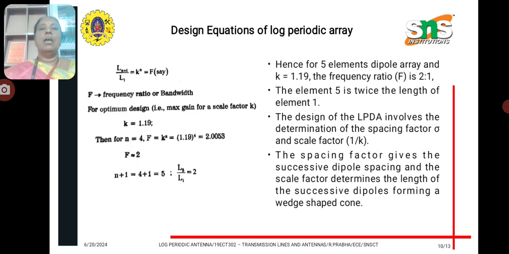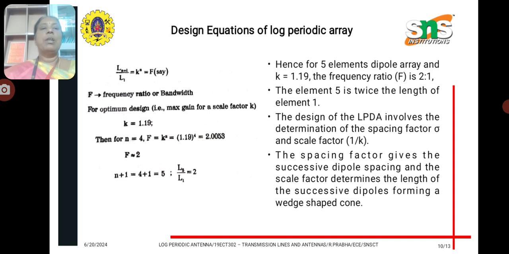And another design equation, Ln plus 1 by L1 is equal to K squared is equal to F, and F is the frequency ratio or bandwidth. Here for a 5 element dipole array K is equal to 1.19 and the frequency range ratio is F is equal to 2:1. The element 5 is twice the length of element 1.